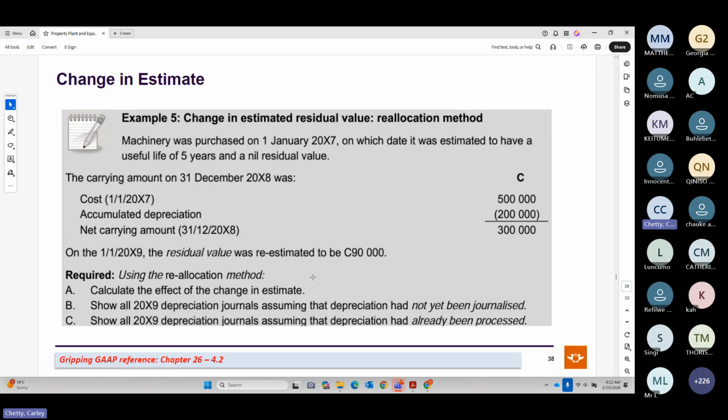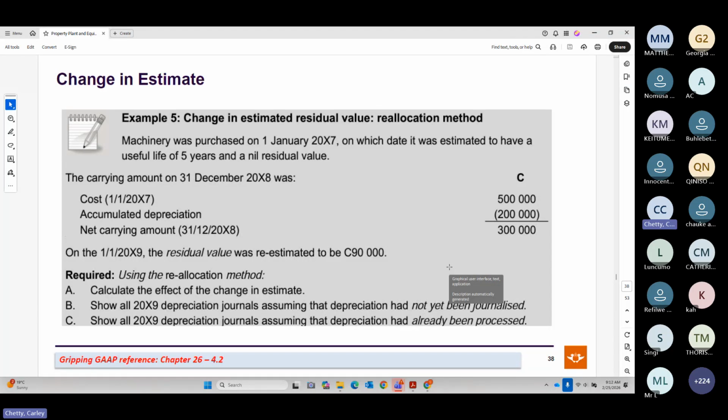So using the reallocation method, calculate the effect of the change in estimate. So that's part A. And then part B says show all 20x9 depreciation journals, assuming that depreciation had not yet been journalized. And then part C, show all 20x9 depreciation journals, assuming that depreciation had already been processed.